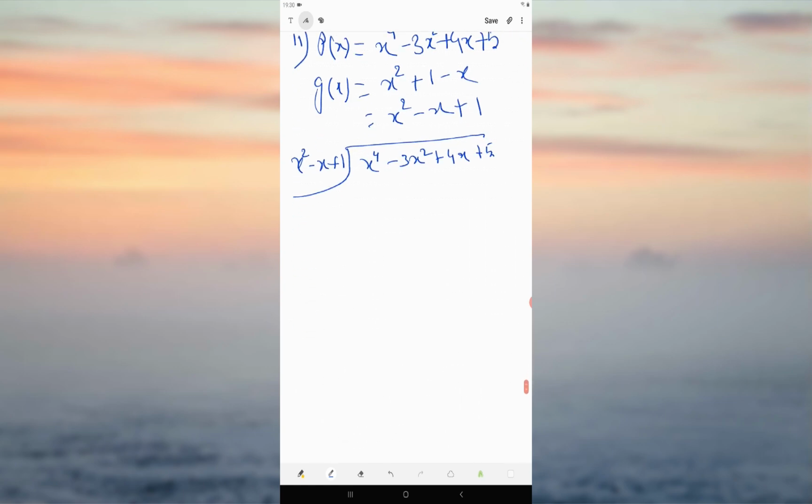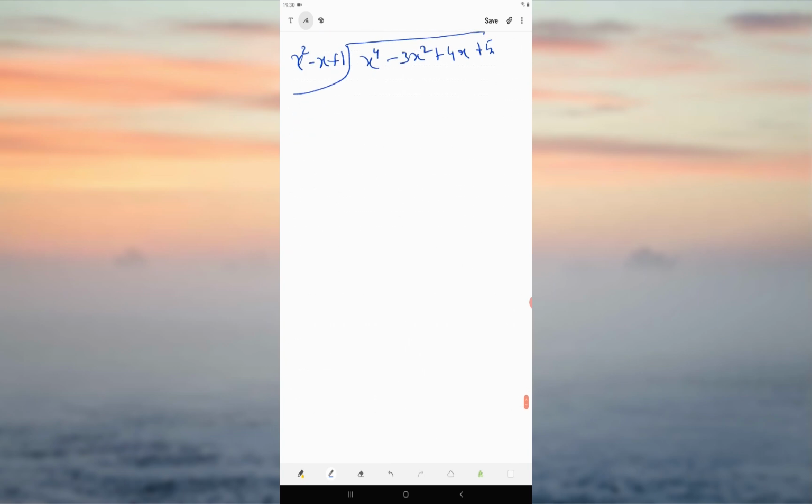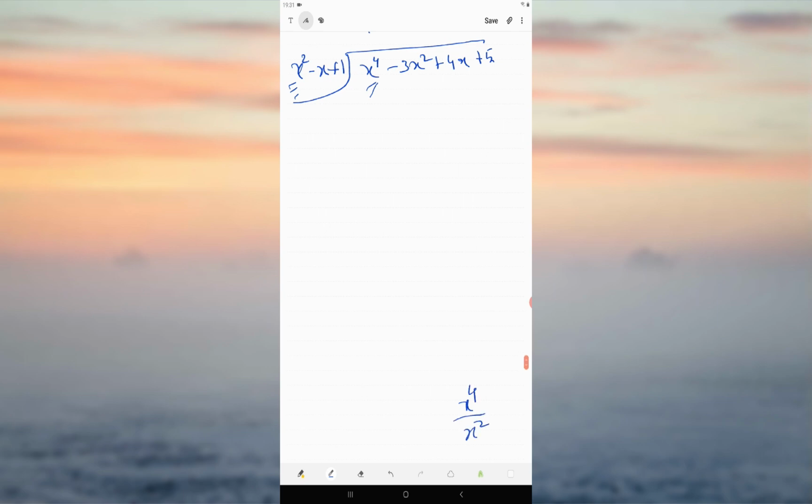Okay, so this is the setup. Now what we will do is divide the highest power term of p(x) by the highest power term of g(x). I am not doing rough work over there, I am doing rough work over here for your understanding. So first I will divide x to the power 4 by x square.